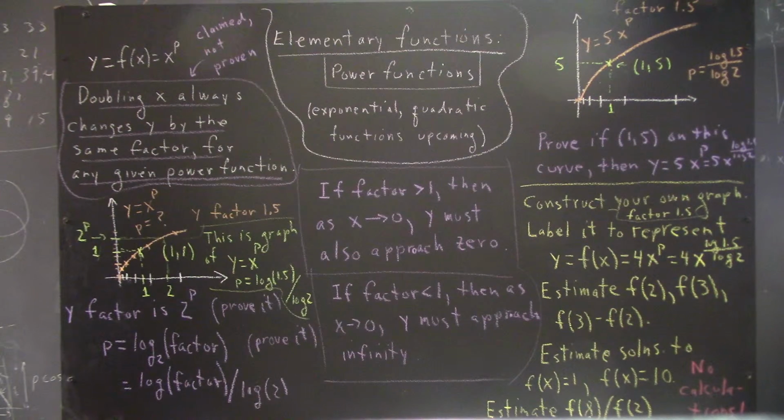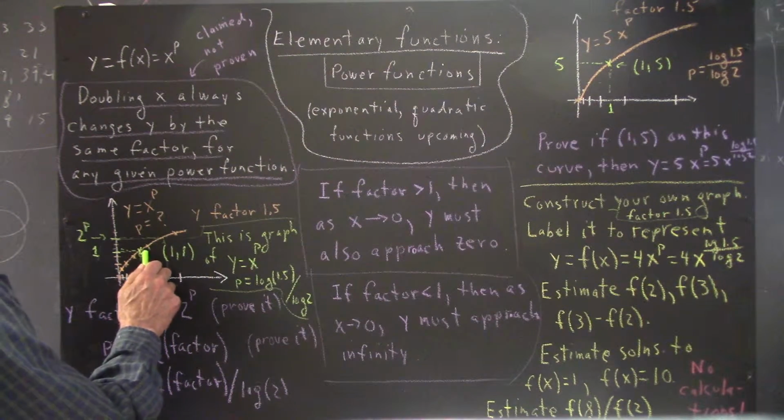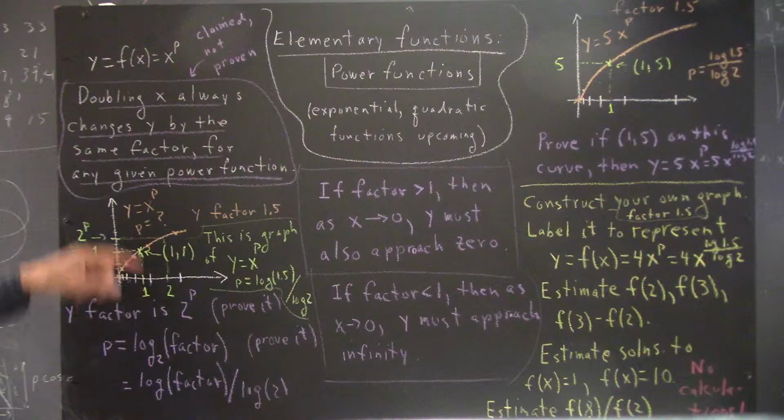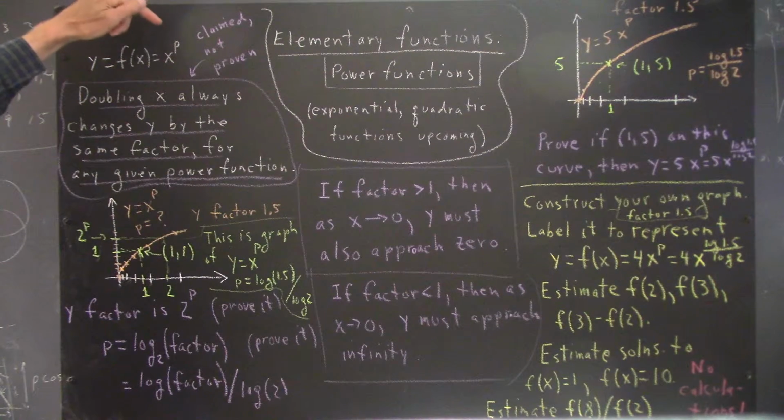Now what I want to do is label a point and call it 1, 1. So I pick any point. Now x is 1, y is 1 at that point. It doesn't have to be this point. You could let this point be 1, 1. But I've labeled a point 1, 1, with a little arrow there. Okay, so if this is the point 1, 1, then of course that matches the graph of y equals x to the p.